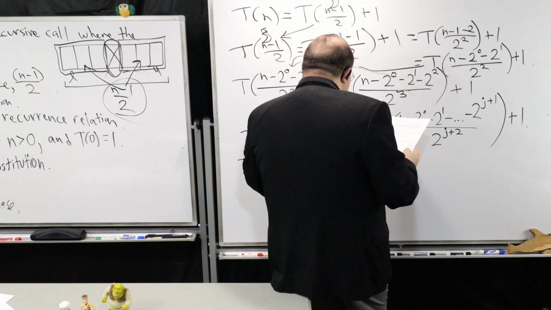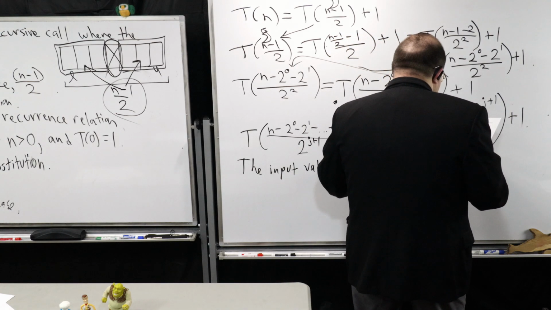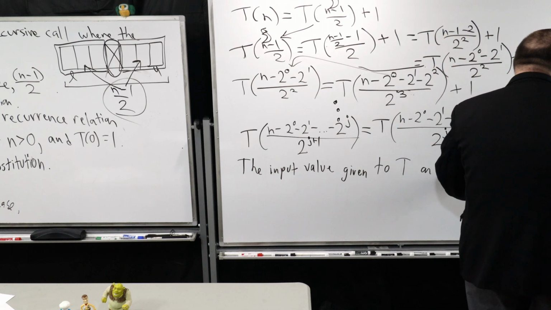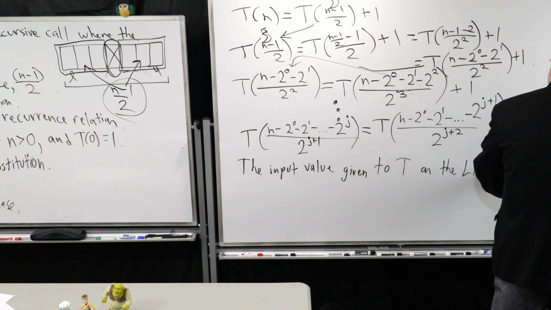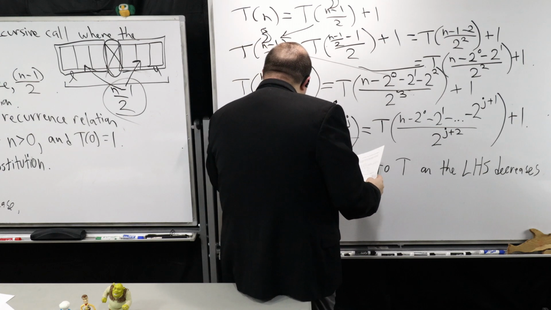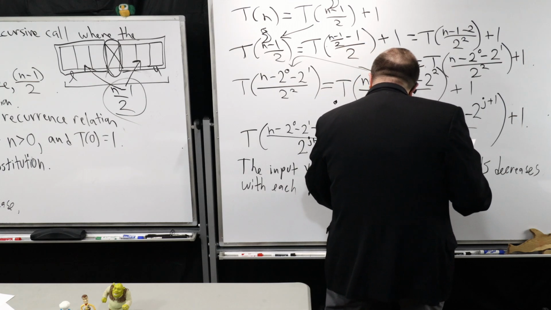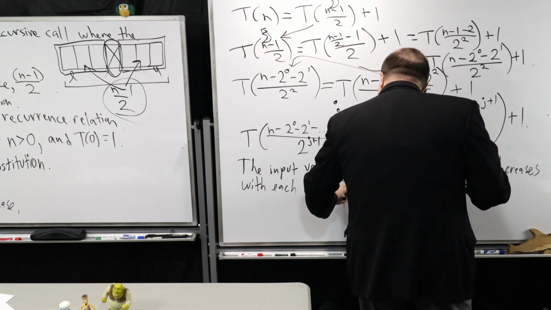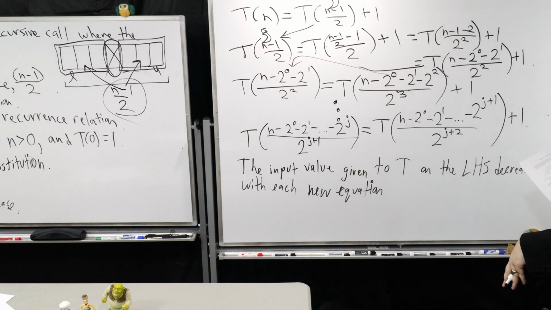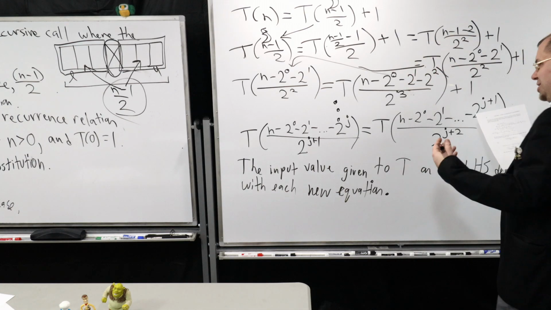The input value given to T on the left-hand side decreases with each new equation. That's how you know it's going to eventually have to stop. It's going to keep dropping in its value, right? So you know that at some point we'll reach T of 0, right?